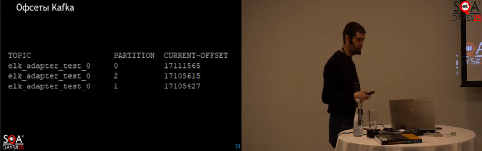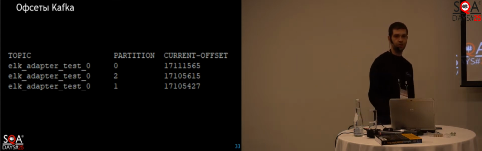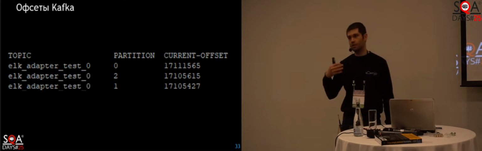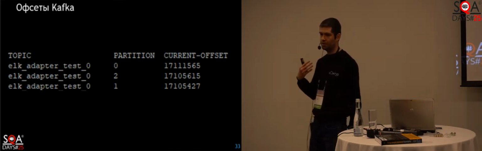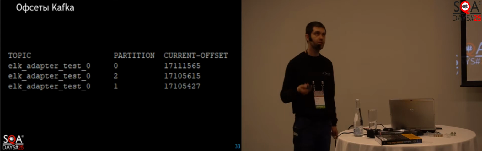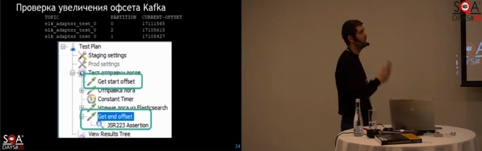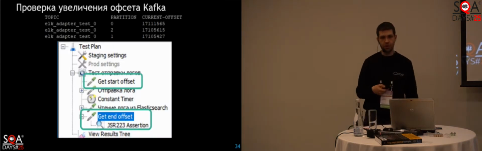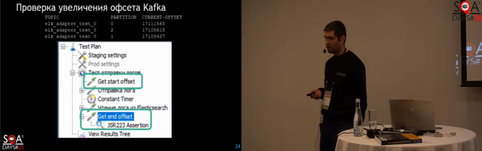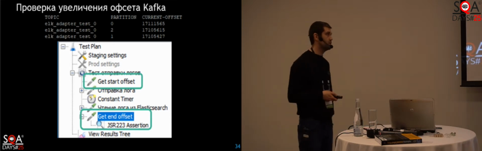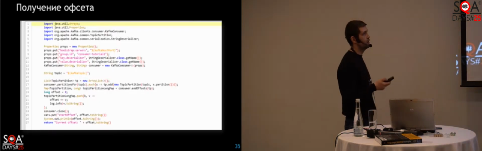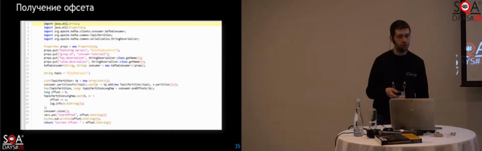So we need to calculate the sum and understand how many messages we already have. When we send a new one, we calculate it and understand whether we need to change it. What we do is deal with the start offset and get end offset.